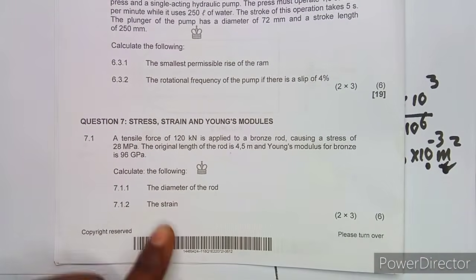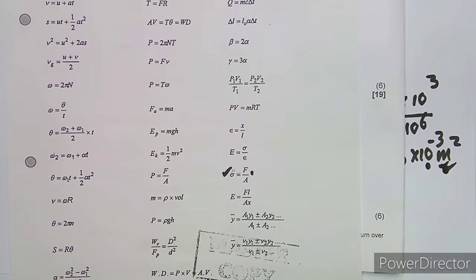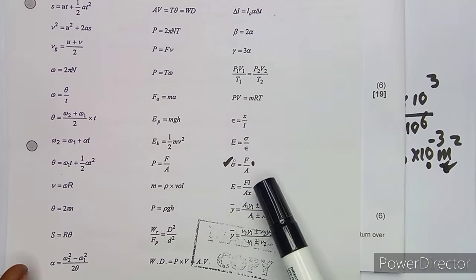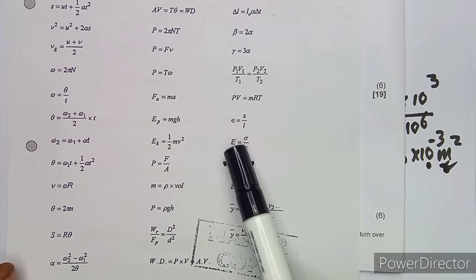All right, so now you need to find the strain. Strain is easier. Let me show you what we have in this case. If you cross-check here, we have many ways where we can obtain strain. We can obtain strain from this formula here, because we've got stress and strain from the Young's modulus.